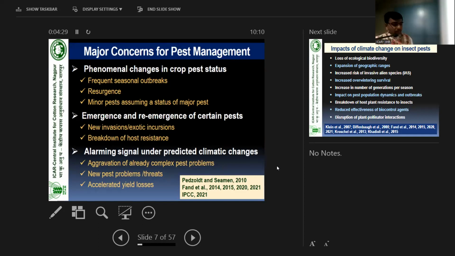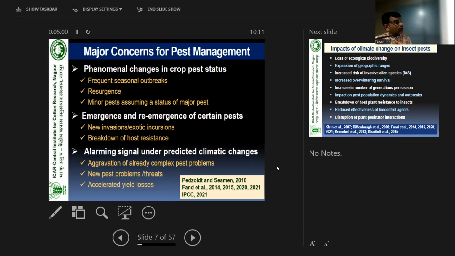Can anybody give an example of re-emergence of a pest? What is emergence and re-emergence? Re-emergence is when a pest was already there in the past, and has come back again. An example is the pink bollworm in cotton, which was suppressed due to the introduction of Bt cotton. For 15 years it was not there, but for the last 4-5 years, again, it is causing havoc in cotton growing belts, both in Bt and non-Bt cotton. So that is called re-emergence.